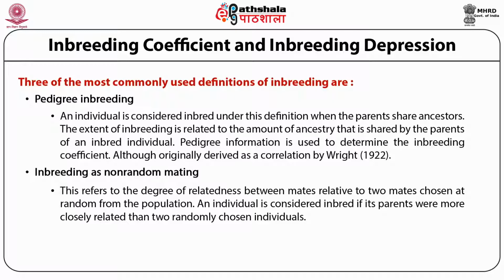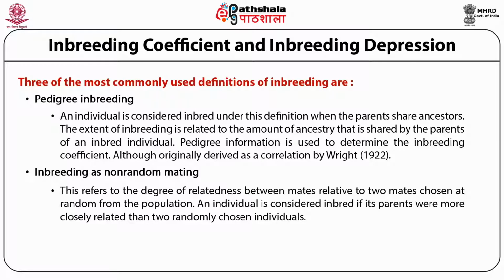An individual is considered inbred if its parents were more closely related than two randomly chosen individuals.